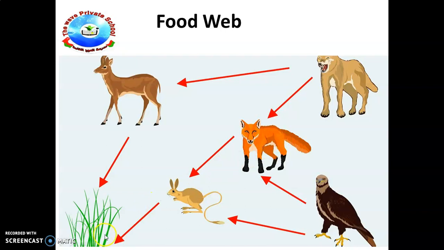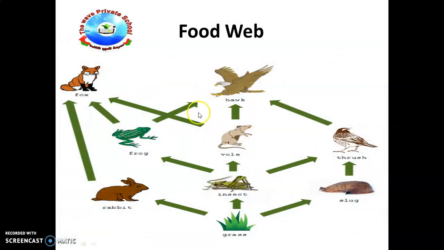In the same way you can see here four types of food chains. Altogether we say food web. See the next example of a food chain here. Many food chains link up together to form a food web.